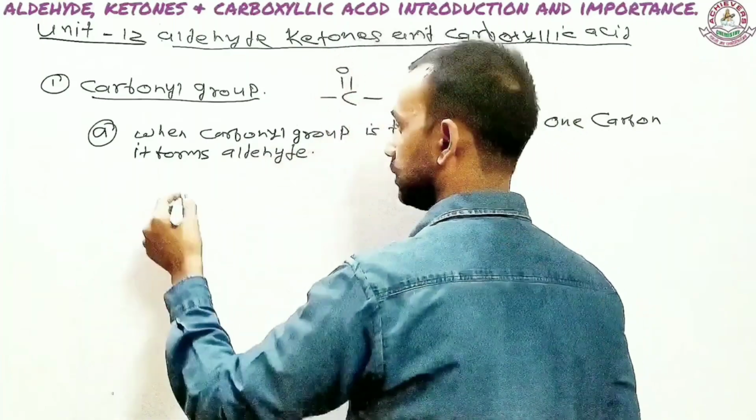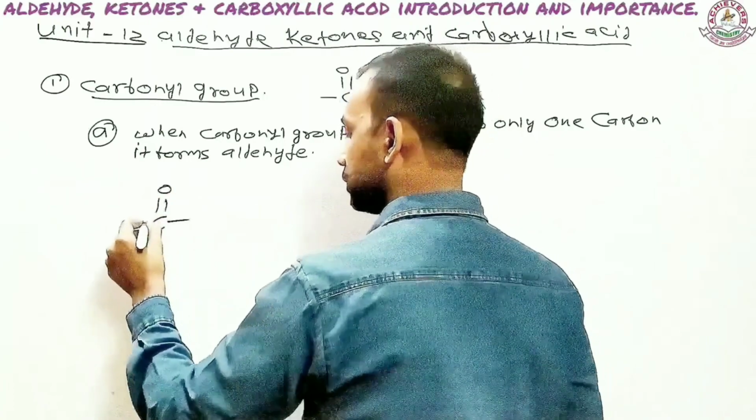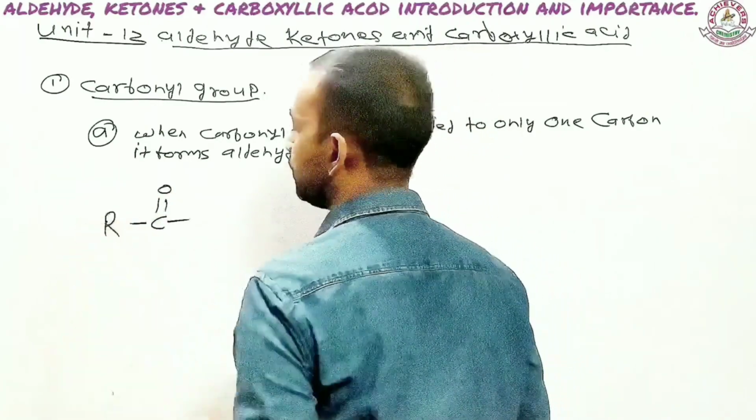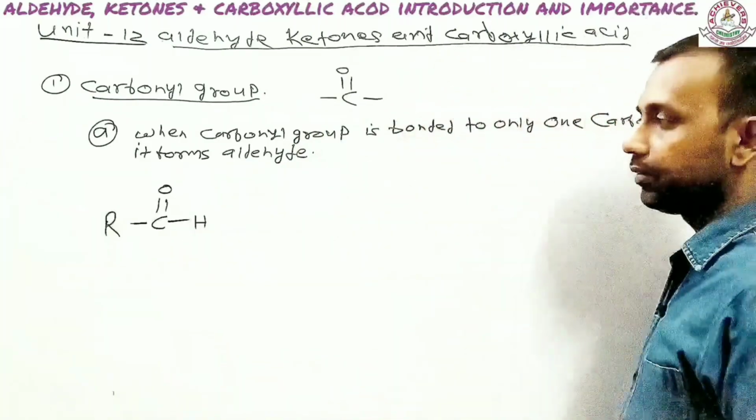Let's see how this is. This is your carbonyl group. Now, if it's bonded to one carbon while the other side is occupied by hydrogen, this is called your aldehyde, right?